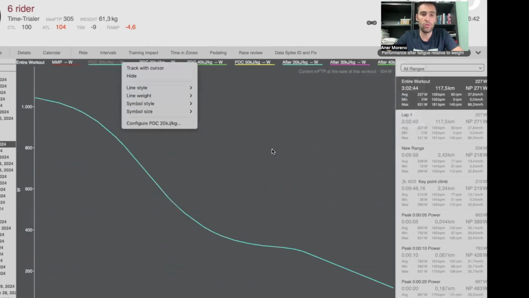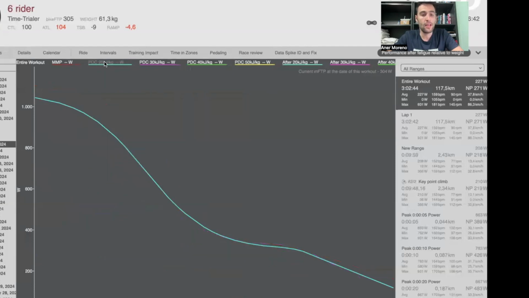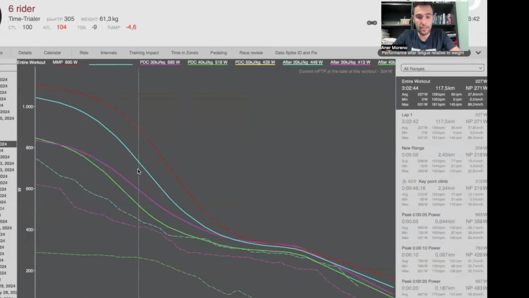This way we are going to look at the blue line, the power duration curve after 20 kilojoules per kilogram spent, before the effort, of the last 90 days. This is the 90-day line, and this is the line of the race.